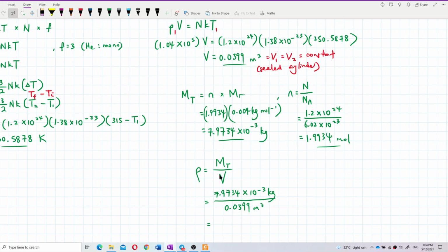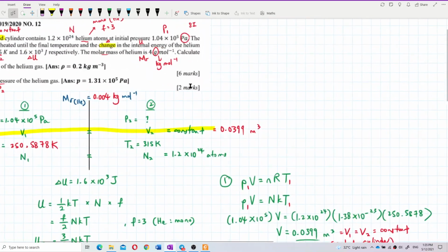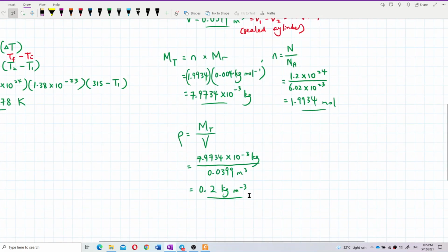So the answer is 0.19, or around 0.2 kilogram per meter cube. Okay, is that correct? Yes, that's fantastic. I got the answer correct. 0.2 kilogram per meter cube.